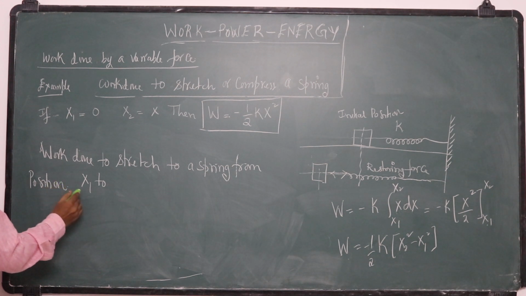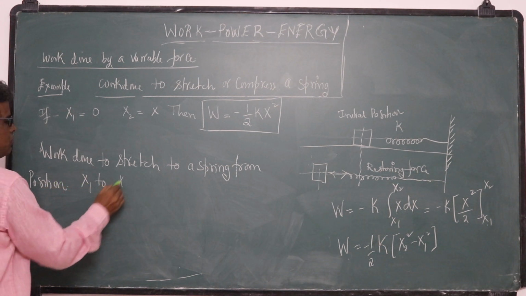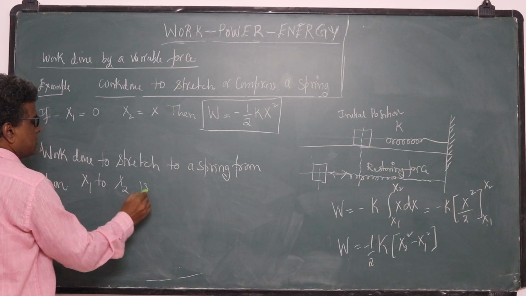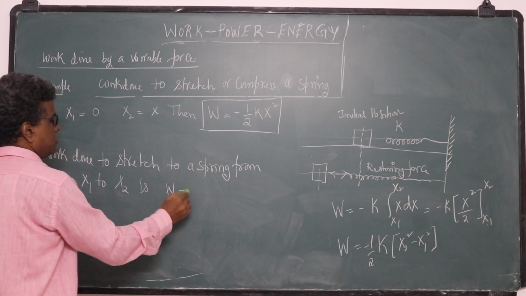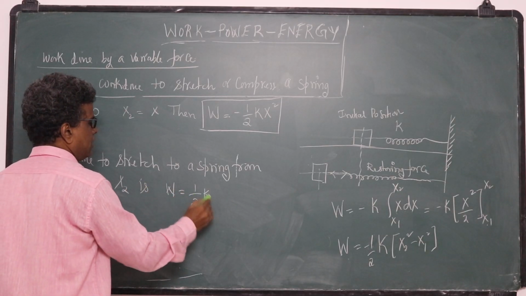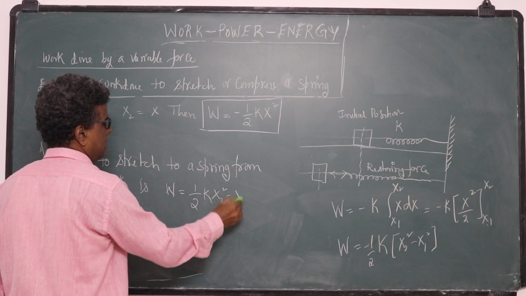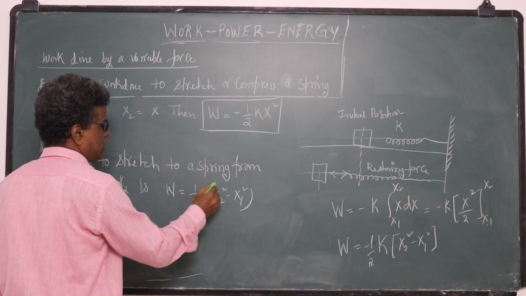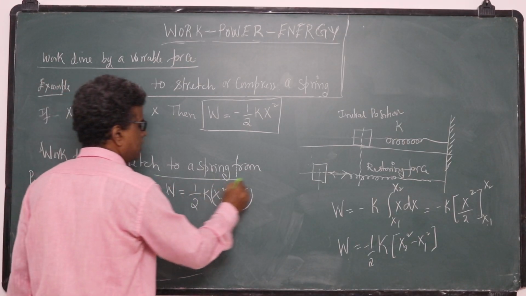That work done is W, so we have W equals half k into x2 square minus x1 square. So this is the formula. Okay.